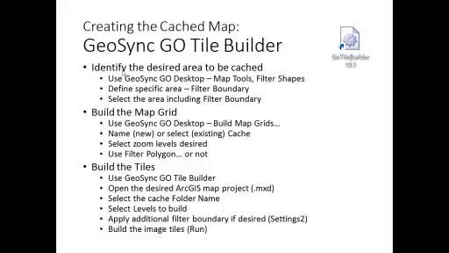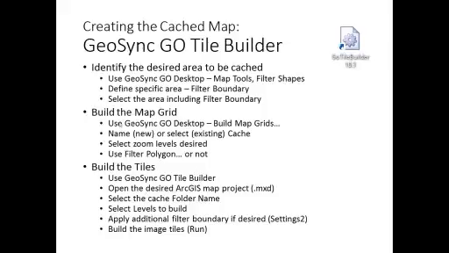For this one, before we can actually capture the image, we do have to identify the area to be cached using GeoSyncGO Desktop. We'll go to GeoSyncGO Desktop and use our map tools to create a filter shape if we want. We'll define our specific area with the filter boundary, and then select that with the window.